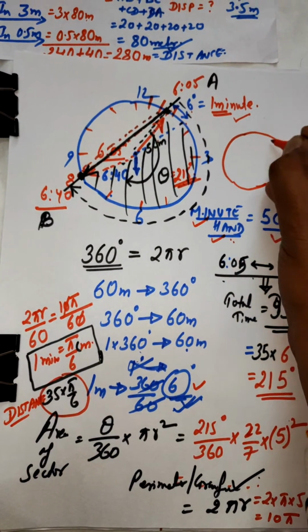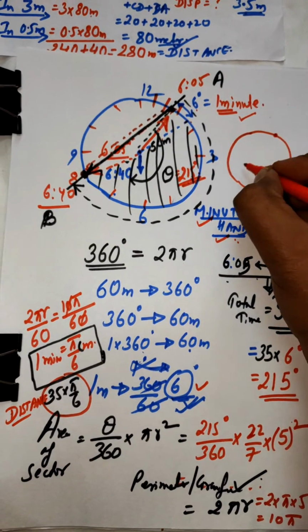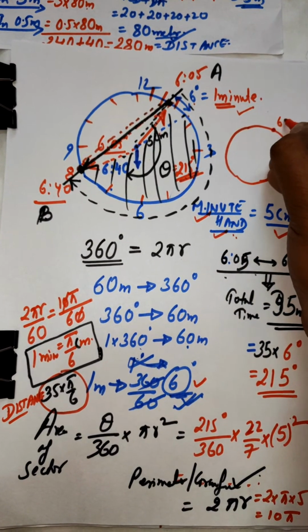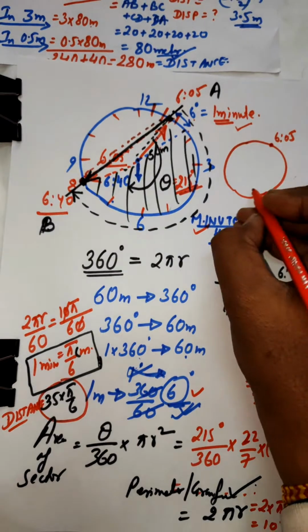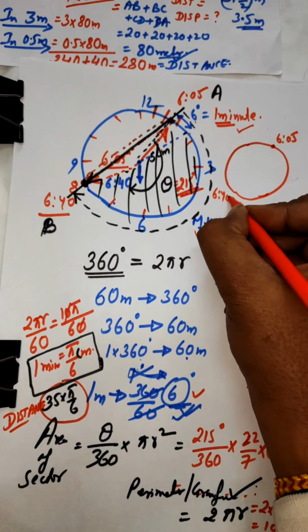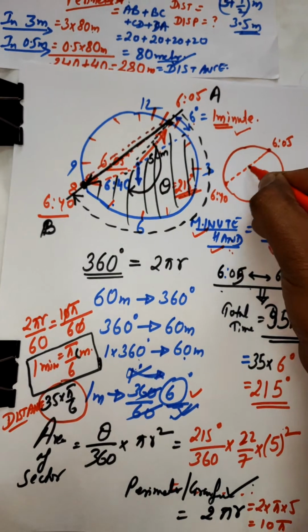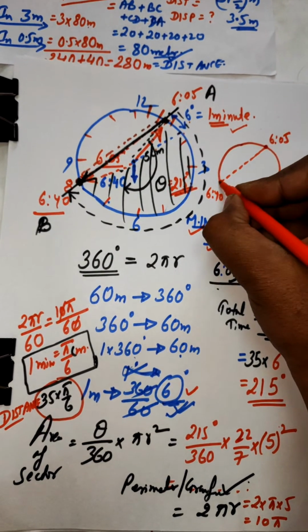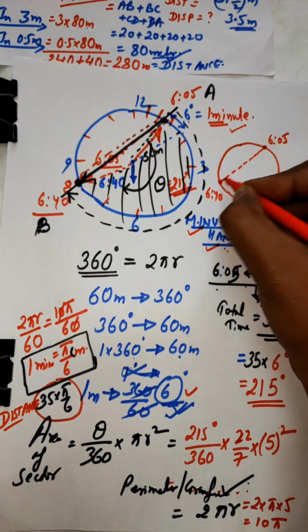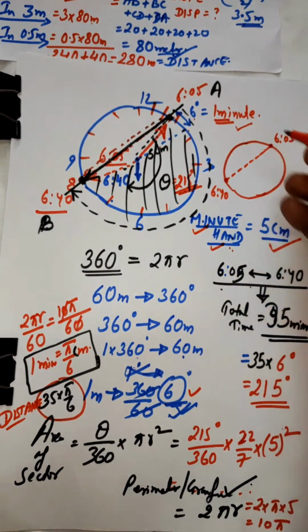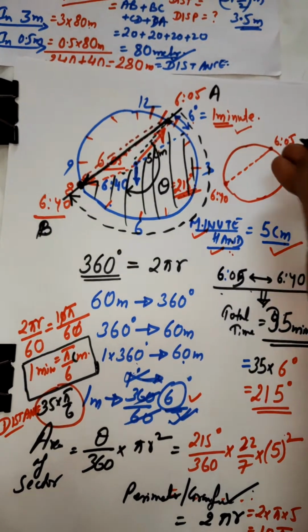At 6:05 you are here and at 6:40 you are here. So this will be just acting as a chord. This is the displacement. When you calculate the length of this chord, we can say that you know the displacement value.